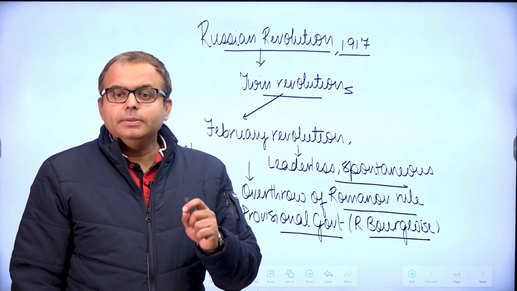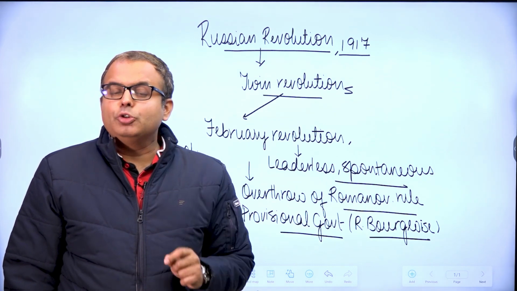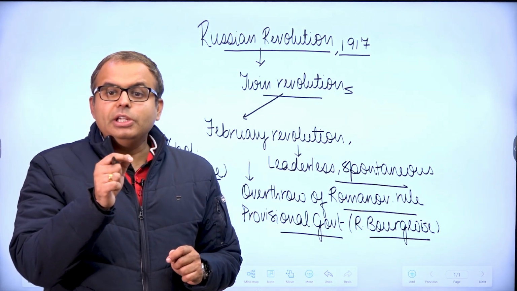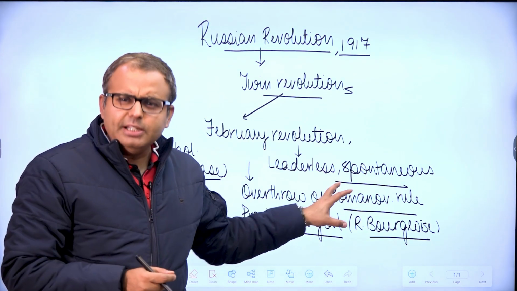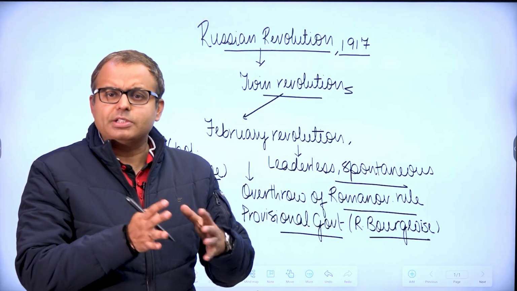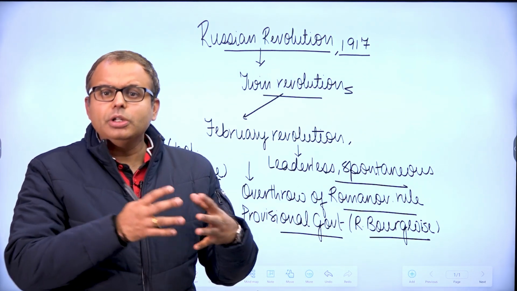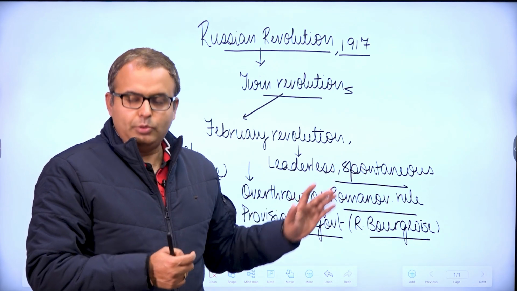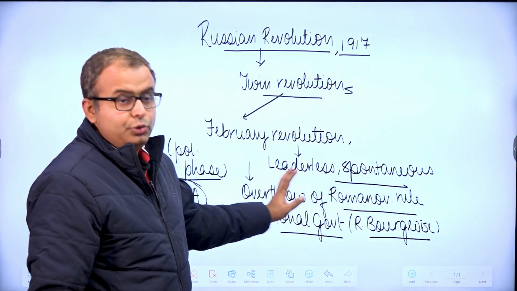One of the important decisions after the Russian Revolution was what Russia's role in the war should be. They decided that we had started the war based on our own interests, so we will leave the war also based on our own calculations. So the decision was taken that we will continue the war.